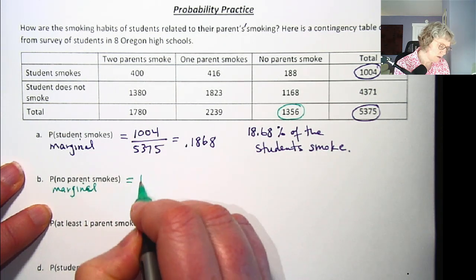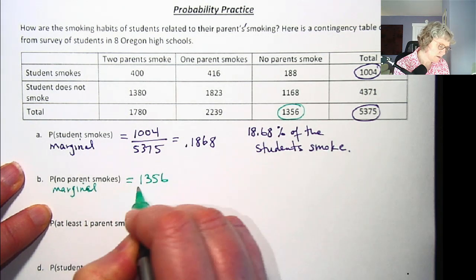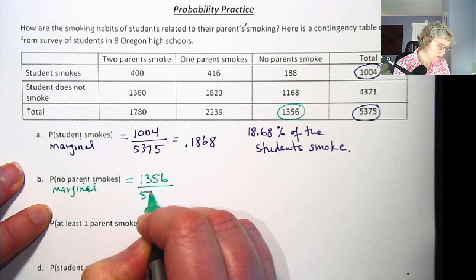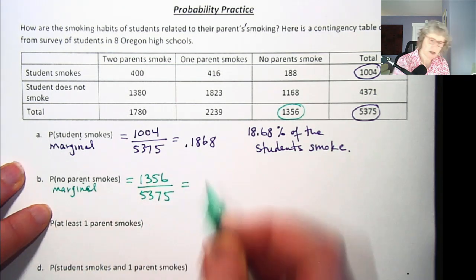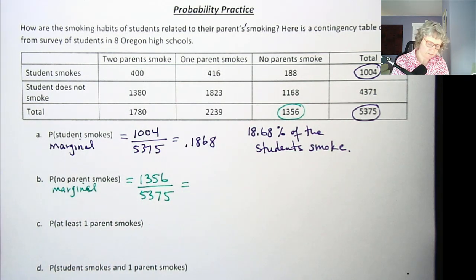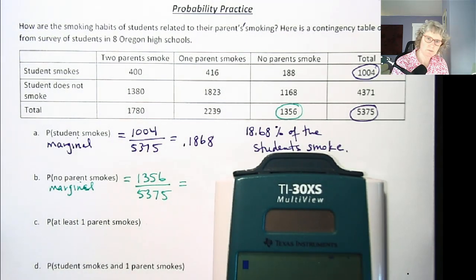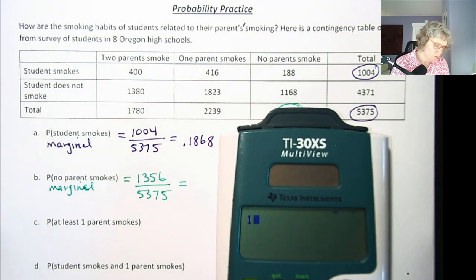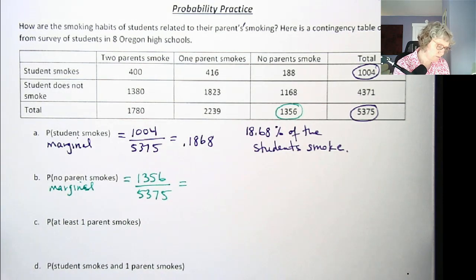So that's equal to 1,356 out of 5,375, our grand total. That is 0.2523, and I'm rounding that last digit up.